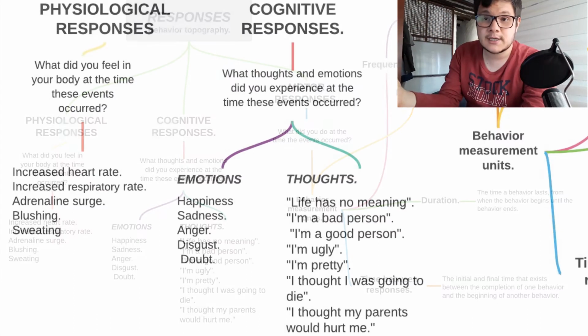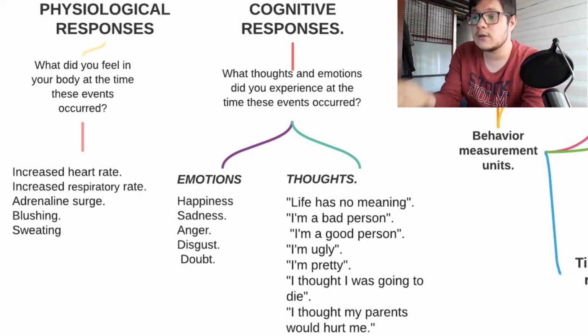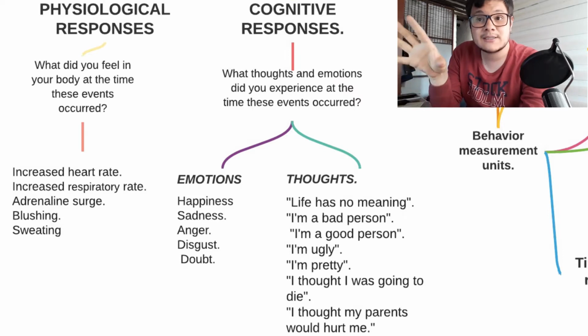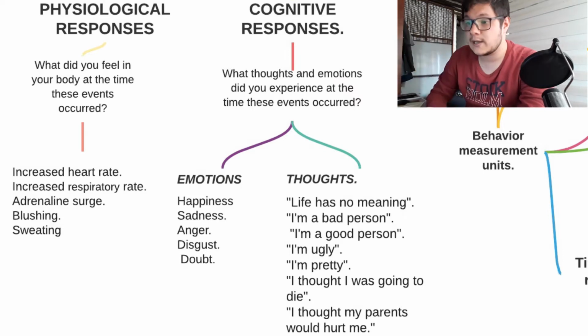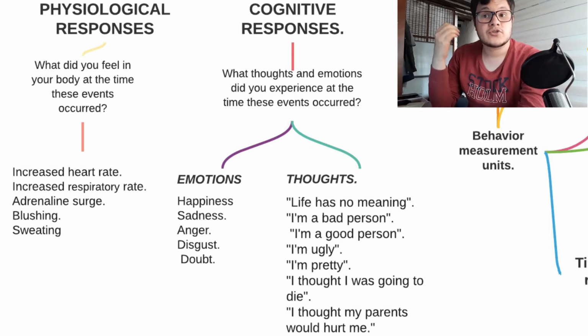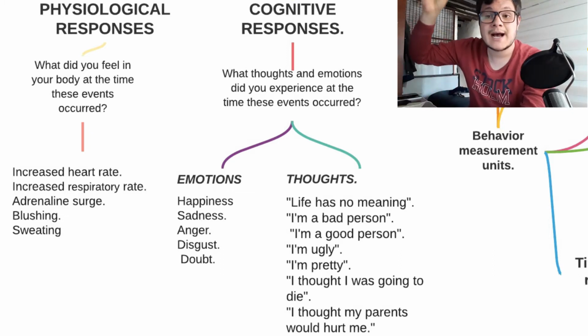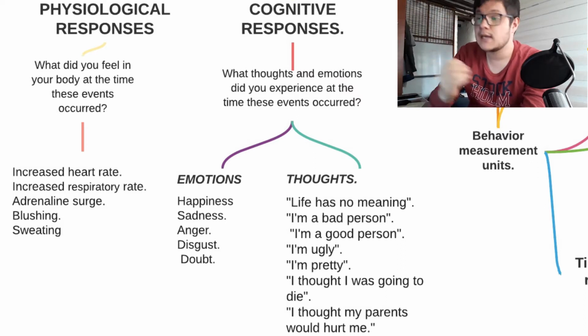In physiological response, we have a question: what did you feel in your body at the time these events occurred? Okay? And the responses in this section of the functional analysis structure are the following: increased heart rate, increased respiratory rate, blushing, sweating, and adrenaline surge.